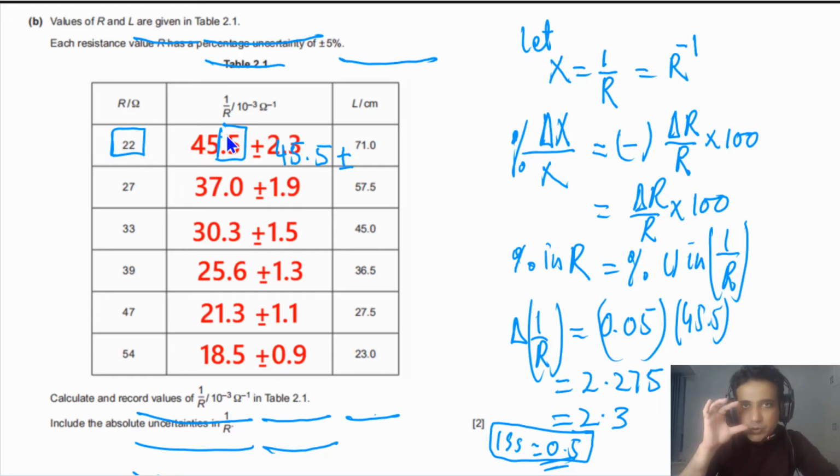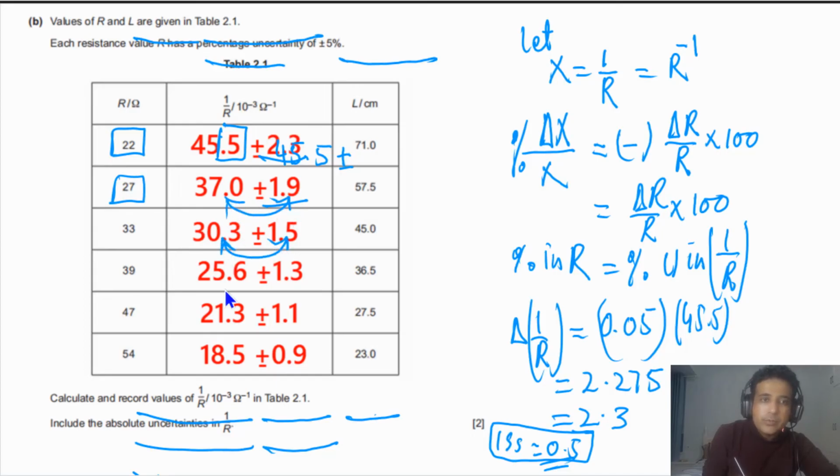So all of them have 2sf. So here we can use 3sf, and these absolute uncertainties, we can use 1 dp here. So you see they have the same number of dp. So this is the point you need to understand. They should have same number of dp, not same number of sf. So if you write on this one, you will get the marks for this question.